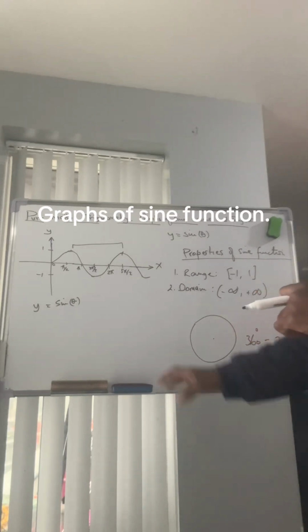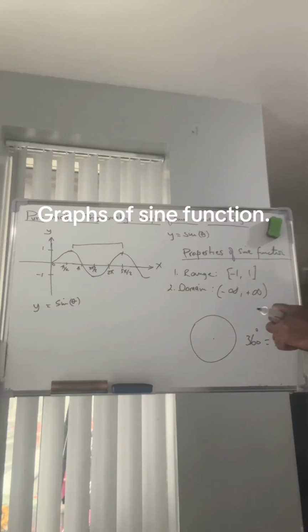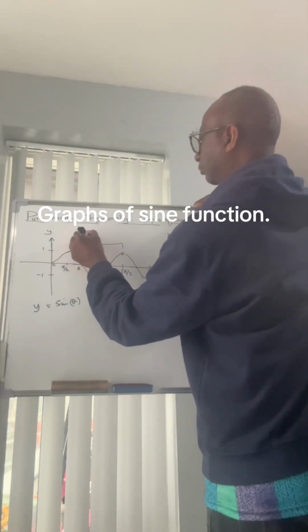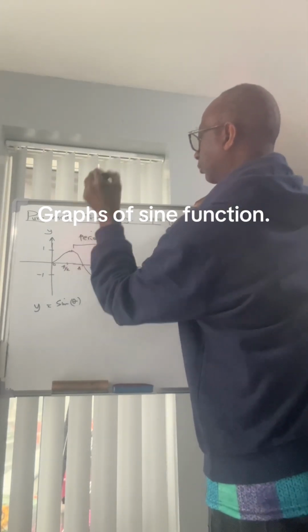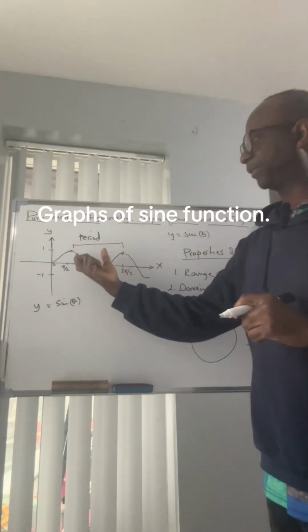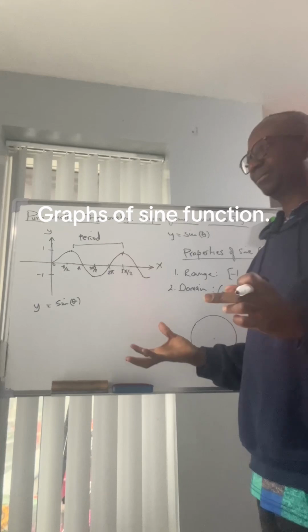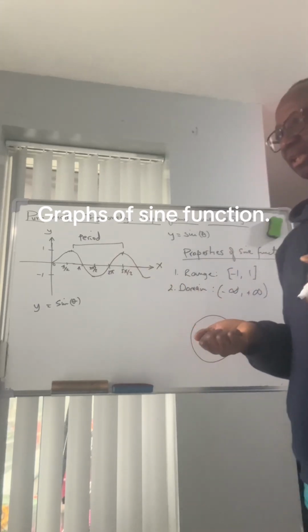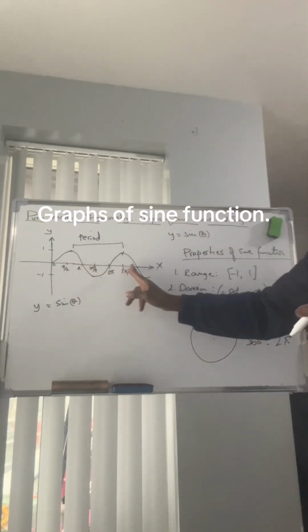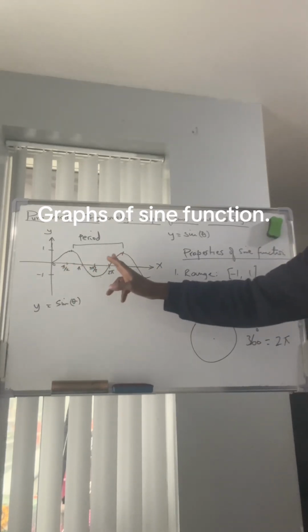So what we just mentioned here, 360 degrees, is equal to 2 pi, and this is what we call the period of the function. It repeats every 360 degrees. That's what period means. Every 360 degrees, you get this same appearance of the graph.